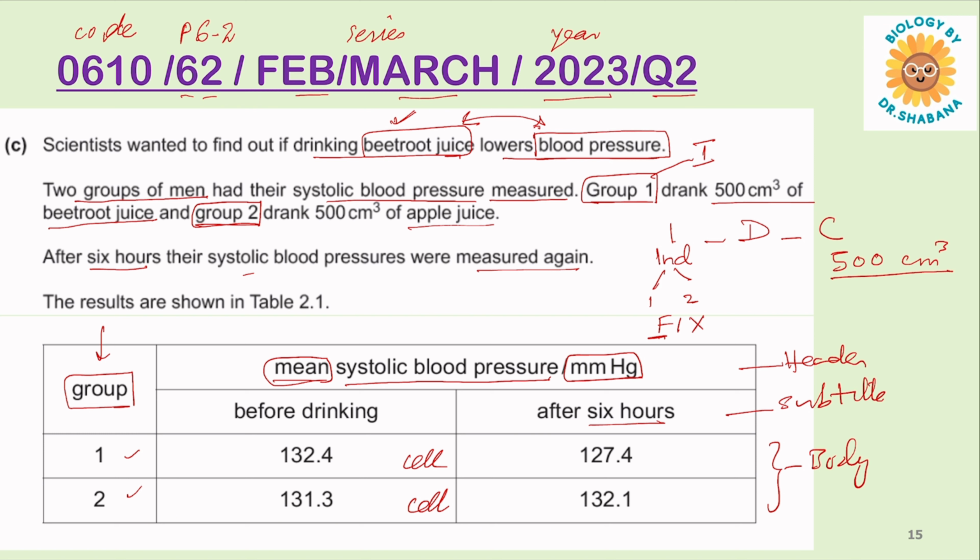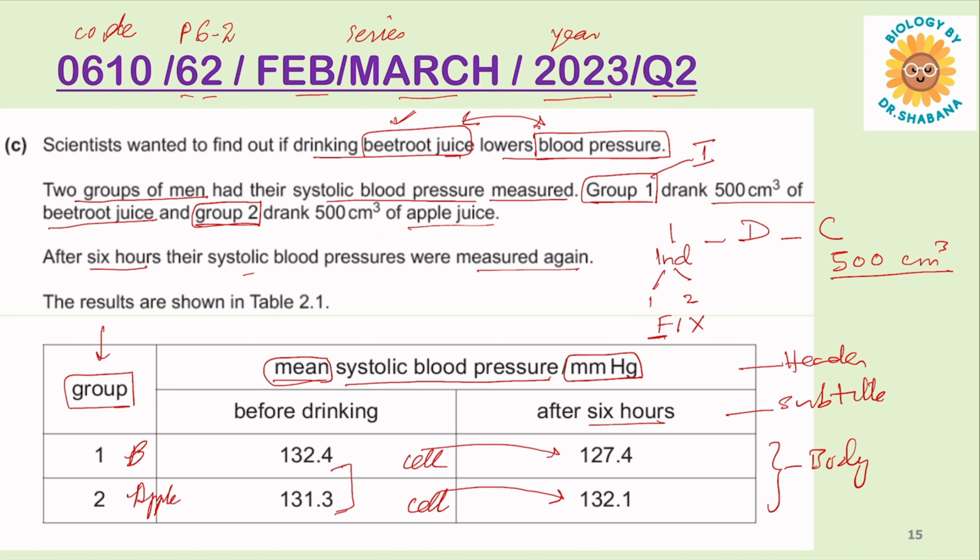So before drinking, this was the blood pressure, and you can see it's almost the same in both the groups. Group 1 drank beetroot juice, whereas group 2 drank apple juice. Just for your ease, I'm writing it down. So before drinking, the blood pressure was this much, and now after 6 hours, the blood pressure changed to this, and then it changed to this.